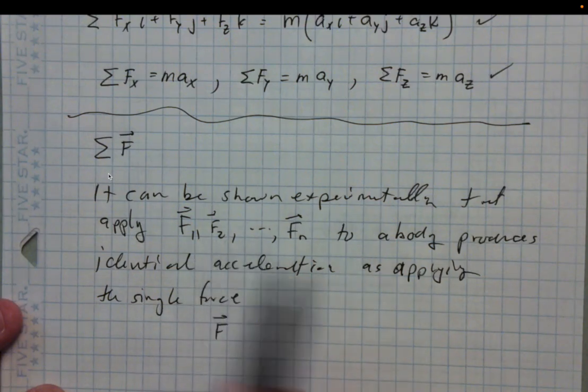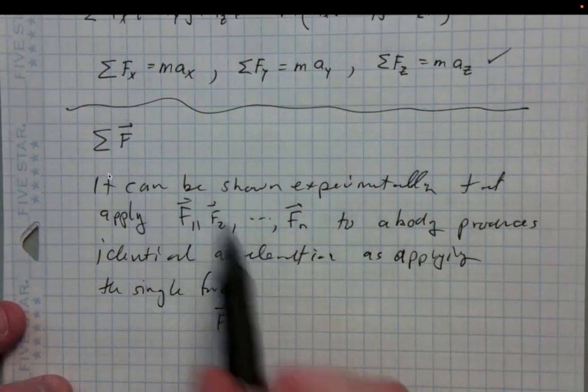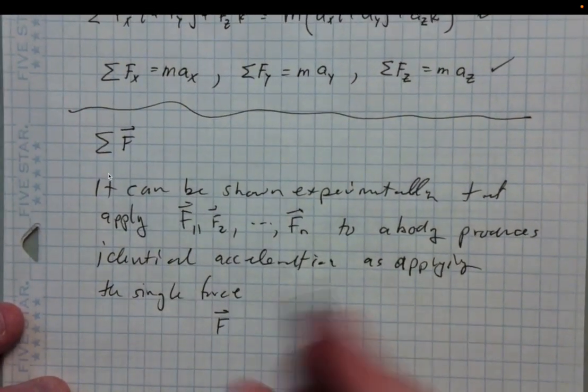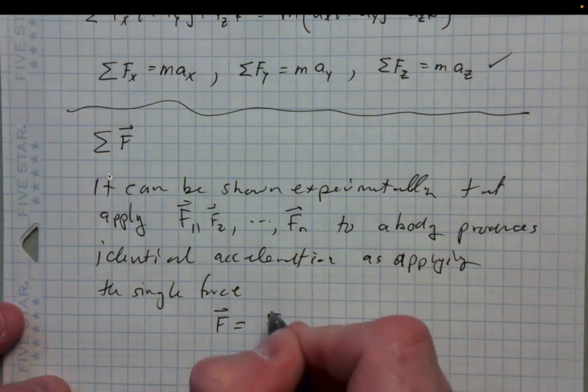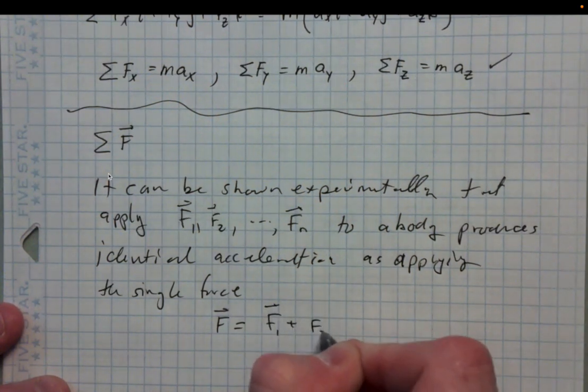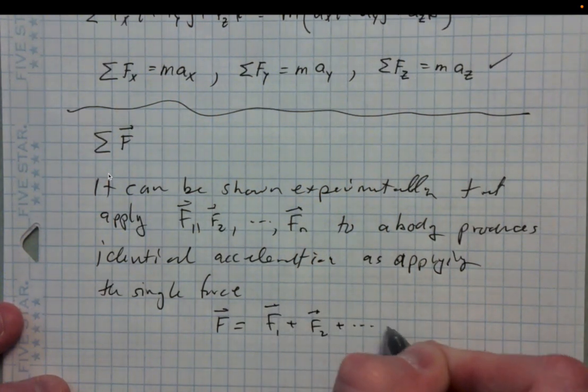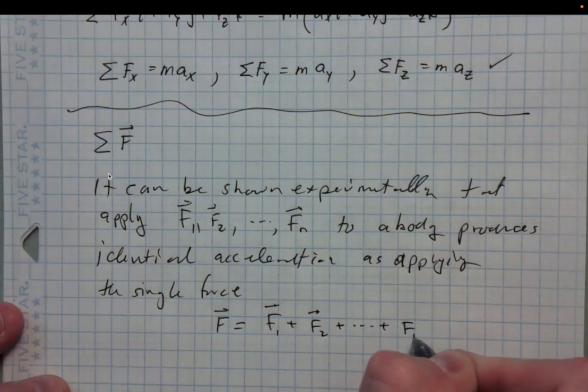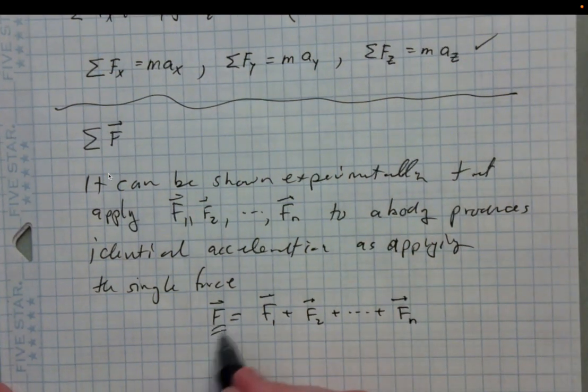Remember, these are just vectors, right? If it's a two-dimensional space, these are 2D vectors. You just add them all together. So if I were to add all of these together into a single vector, I would get just this guy here.